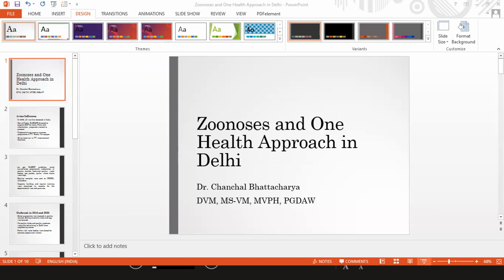The animal husbandry department team along with the MCD team went there, and in some places they had to seek the help of Delhi Police for law and order problems, because the horses had to be taken to a particular place for euthanizing and burying them according to the guidelines of the ministry and FAO.